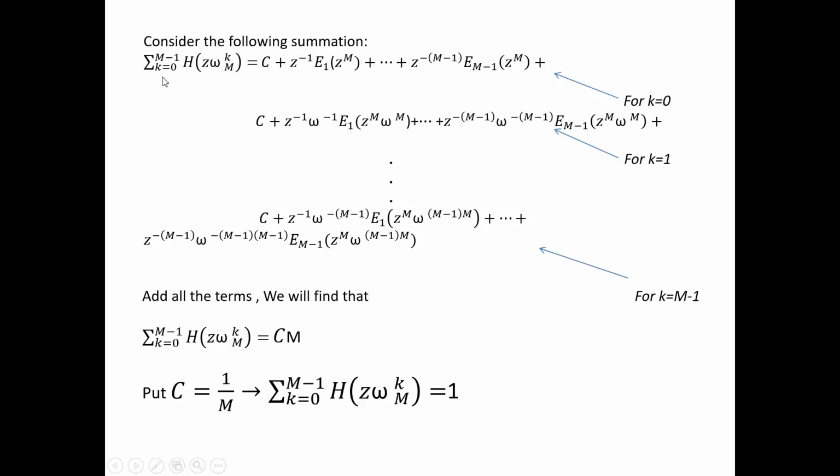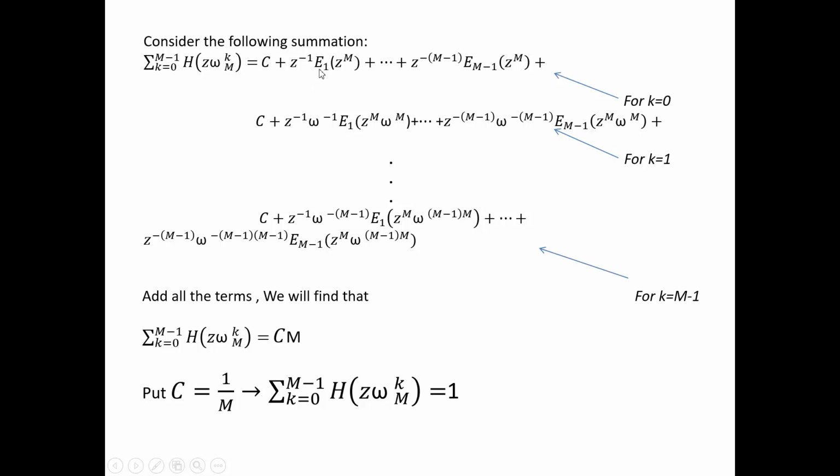If we expand this term, sigma k equal to 0 to capital M minus 1 of H of z W_M^k, and add all these terms, we get C, C, C. How many C's will there be? M C's, so we get a factor CM.